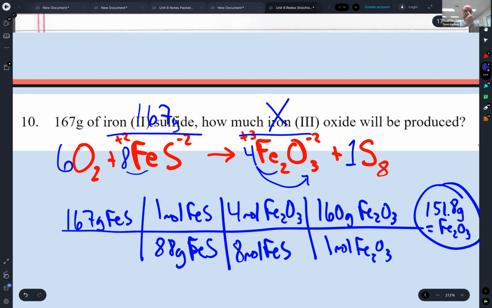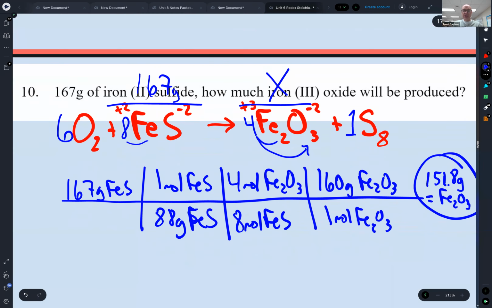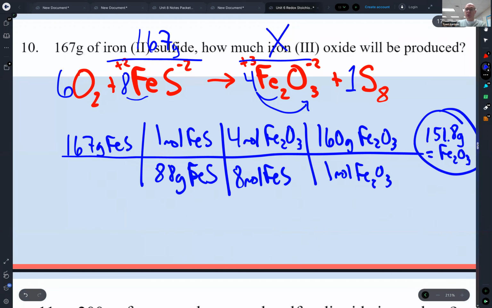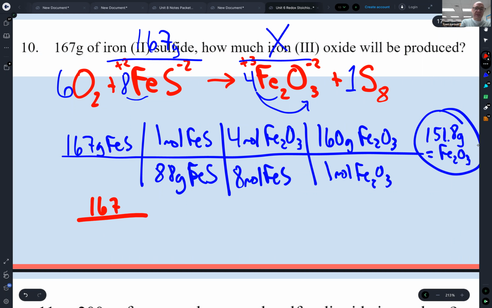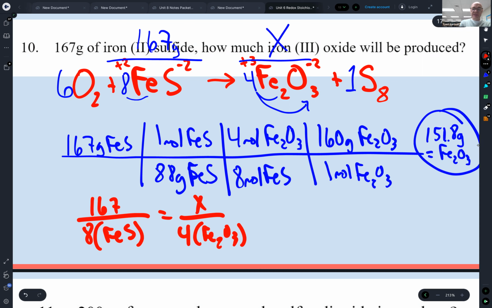Okay, let's now do the ratio version of this. I already previously set it up, so let's reestablish that. I've got 167 over 8 times FeS equals X over 4 times Fe2O3. I'm going to substitute in, because now I already know my weights. This is 88 and this is 160.